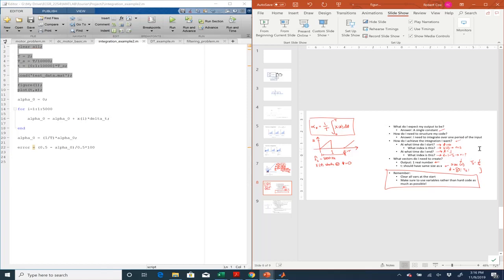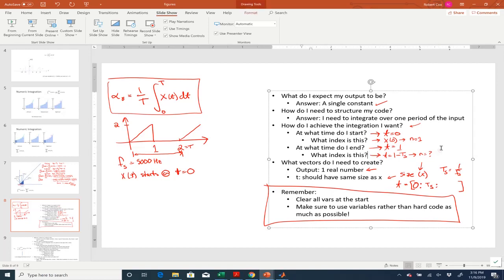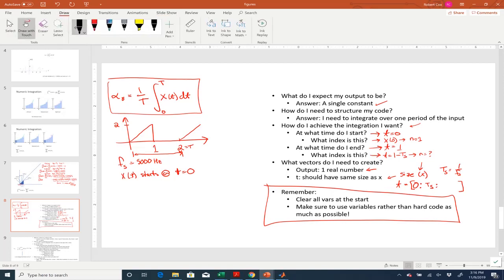So that means that I want to go to n equal to 5,000. So I know where to start, n equal to 1, the first entry, and I want to stop at the 5,000th entry. I've created my t vector now, so I've done everything I need to do.